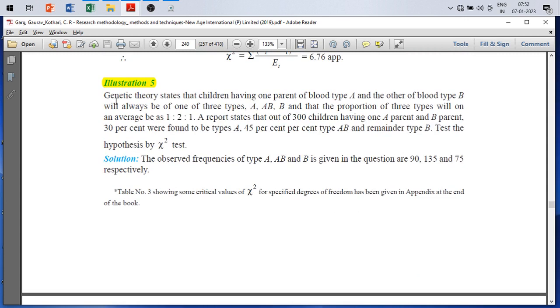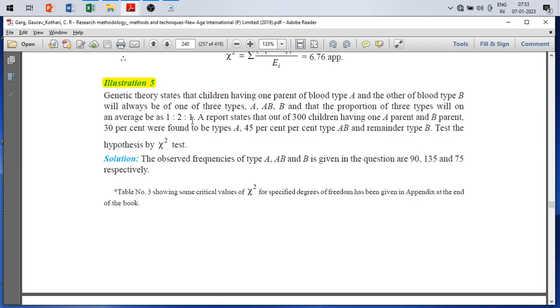It says the genetic theory states that children having one parent of blood type A and the other of blood type B will always be one of three types A, B, or AB, and that the proportion of the three types will be on average 1 is to 2 is to 1.